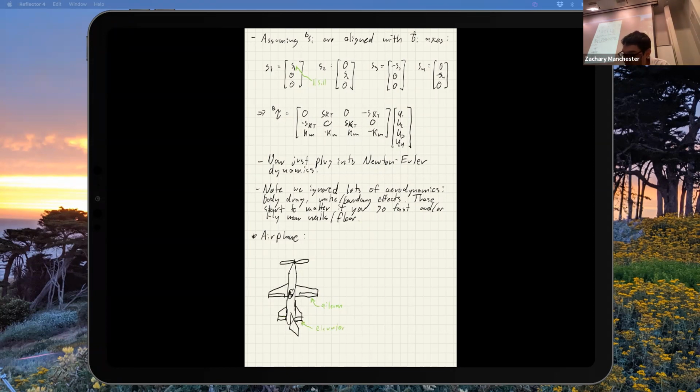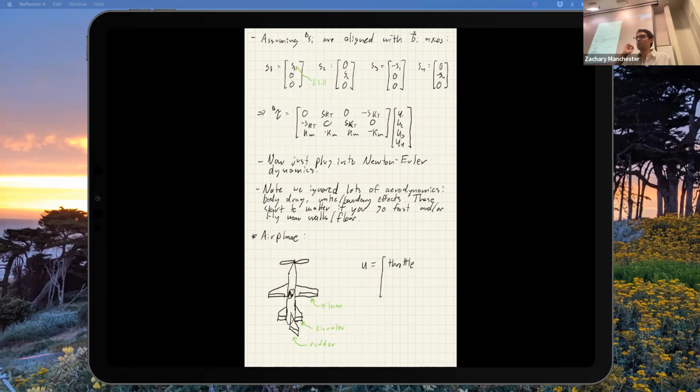And then I got one on the vertical tail back here that I can use to do yaw. And what's that one called? Rudder. Cool. And then obviously I have my propeller. So the standard set of control inputs for an airplane: our U is throttle, which is related to thrust.